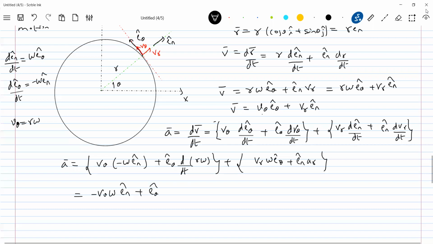This is the UV method. Both r and omega are variable. So what shall I do? So this will be r d omega by dt plus omega dr by dt.